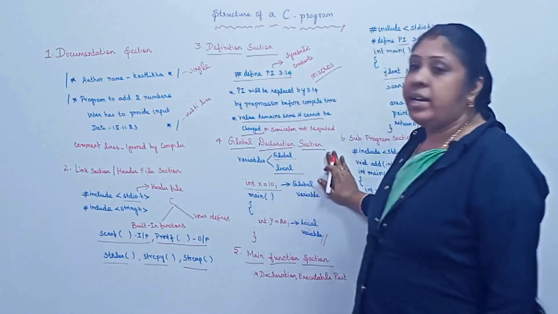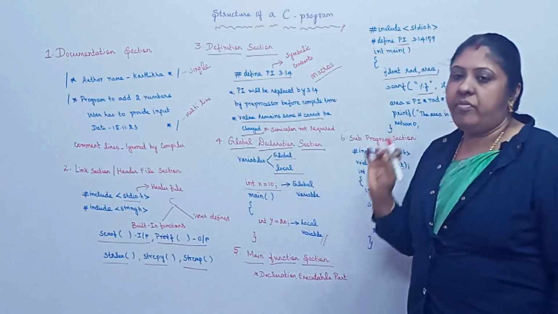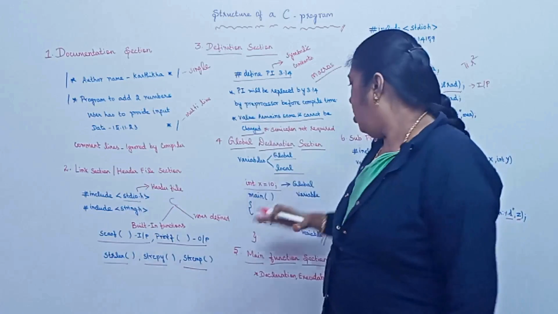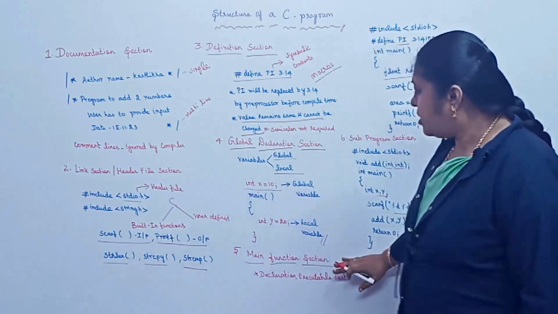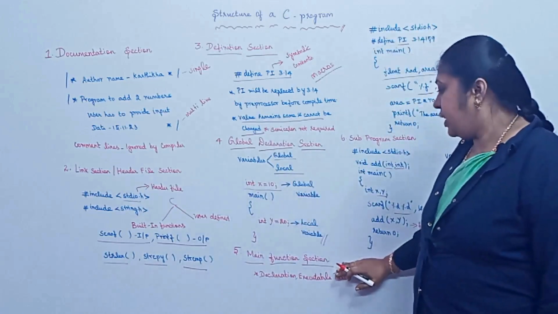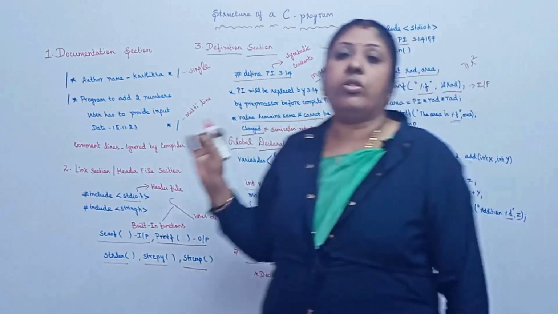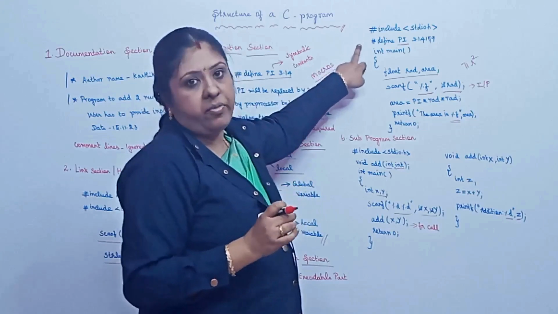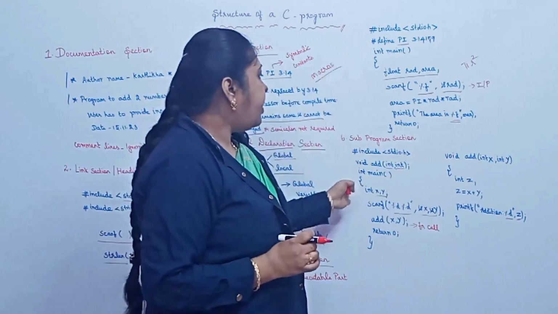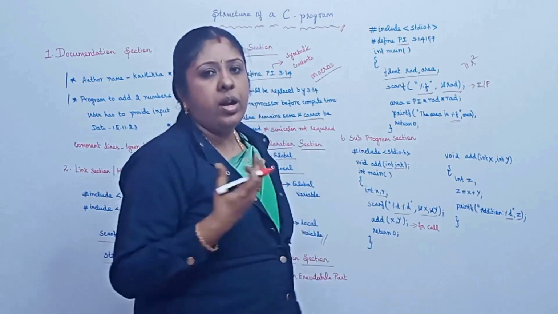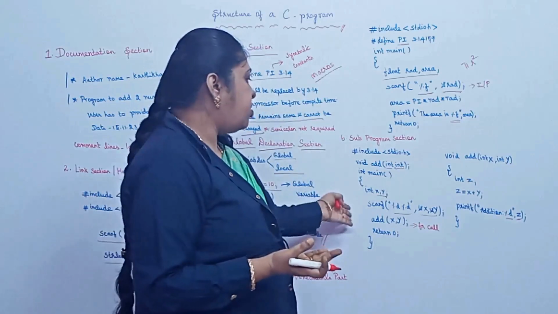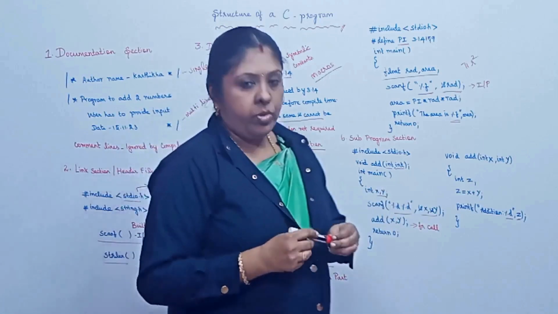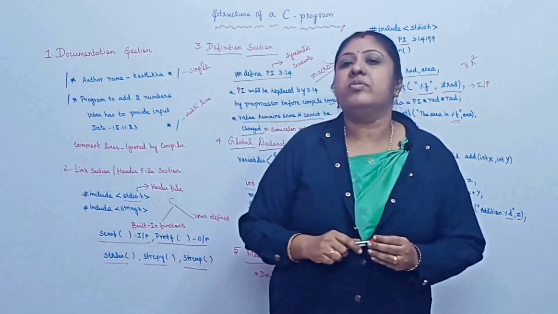And then the global declaration section, that is, how a variable can be declared as a global or a local variable. And then the fifth one, the main function section, with a small example program, area of a circle with the definition section, that is hash define, we included here. And then in the subprogram section, a small addition program, addition of two numbers using a function call, we discussed here. Hope you are very clear about this video.